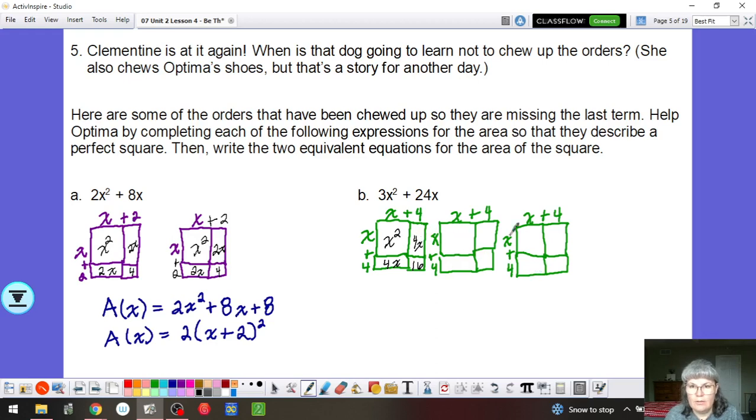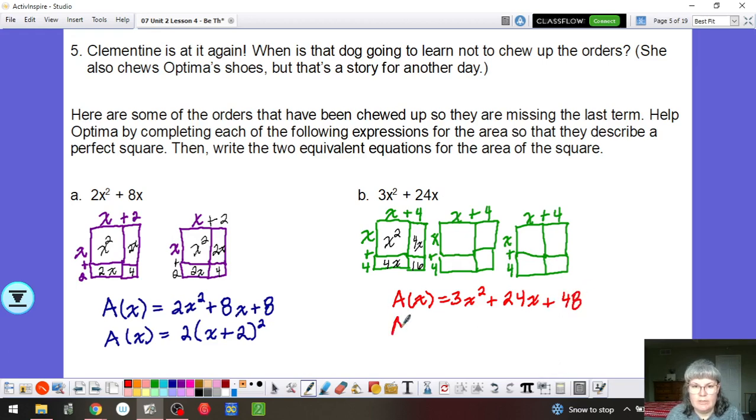So x squared times 3 is that 3x squared. 4x times 6 is 24x. And then we have 16 times 3. This is the piece that's missing. So 16 units 3 times is 48.